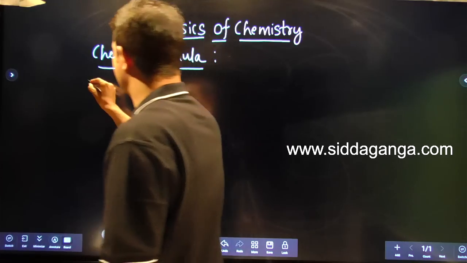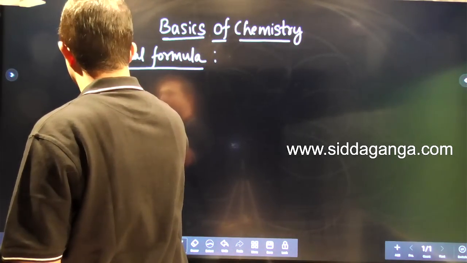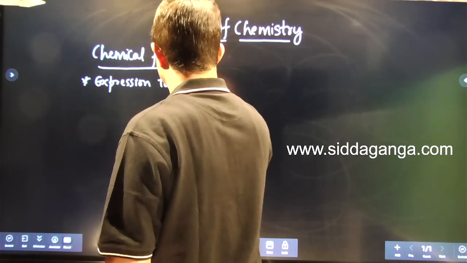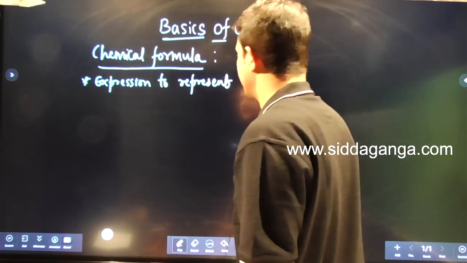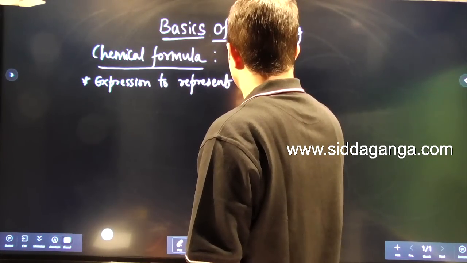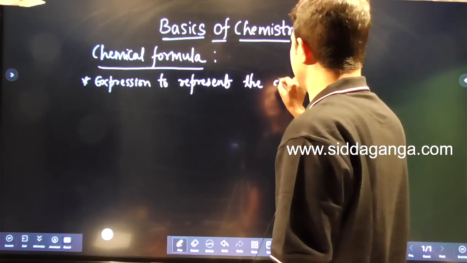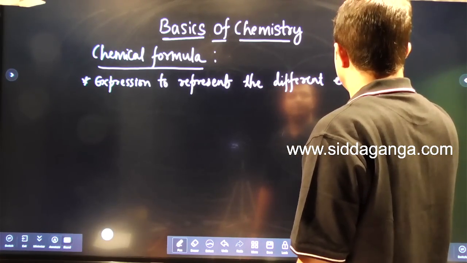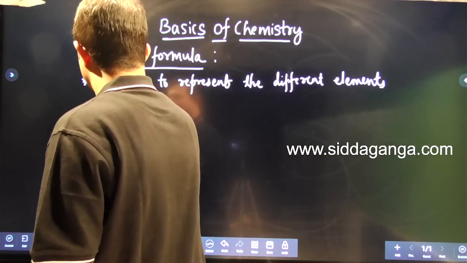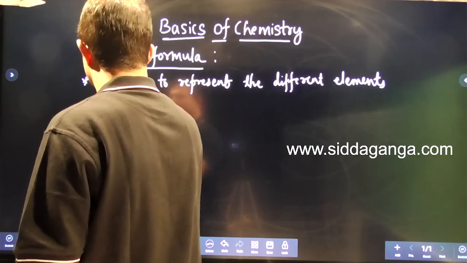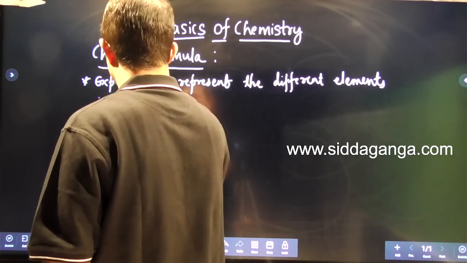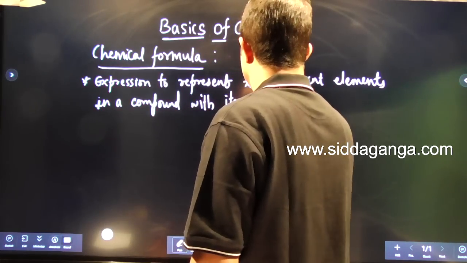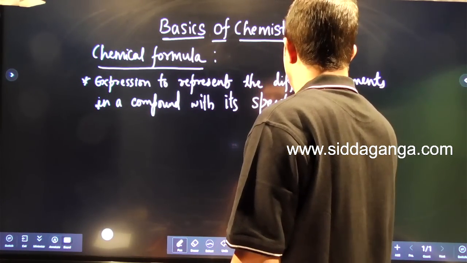So it is nothing but an expression to represent the different elements in a compound with its specific proportions.